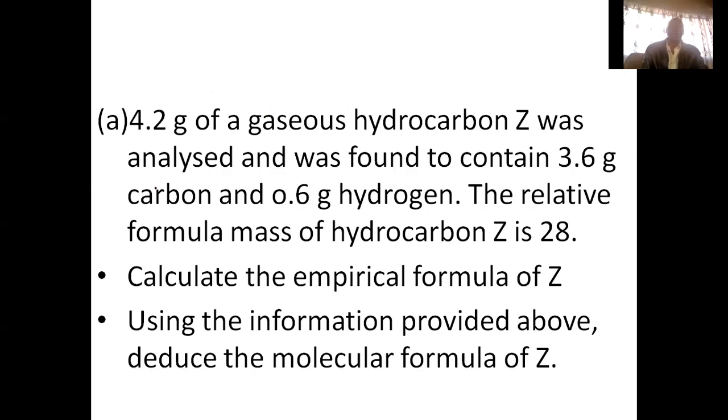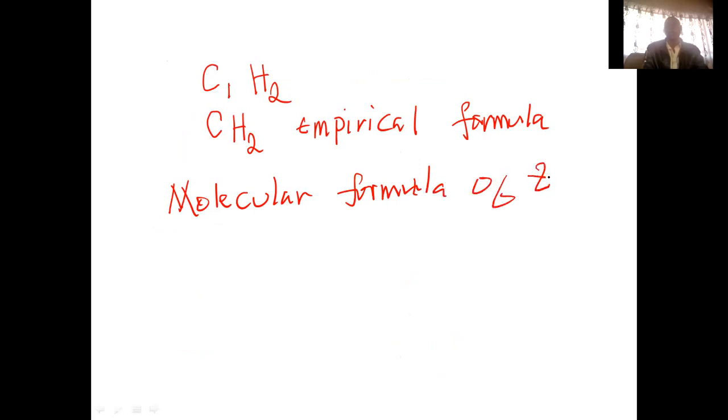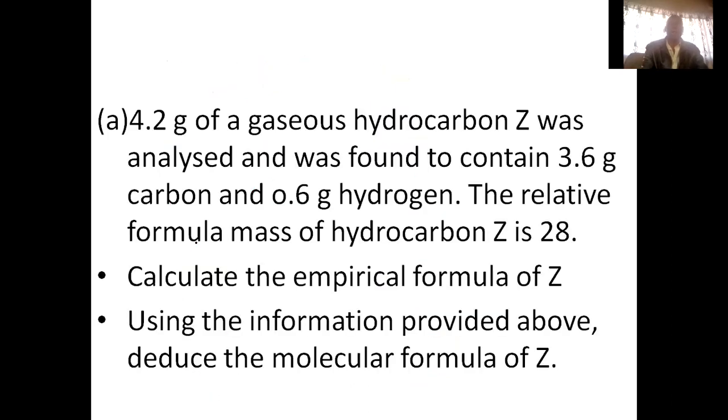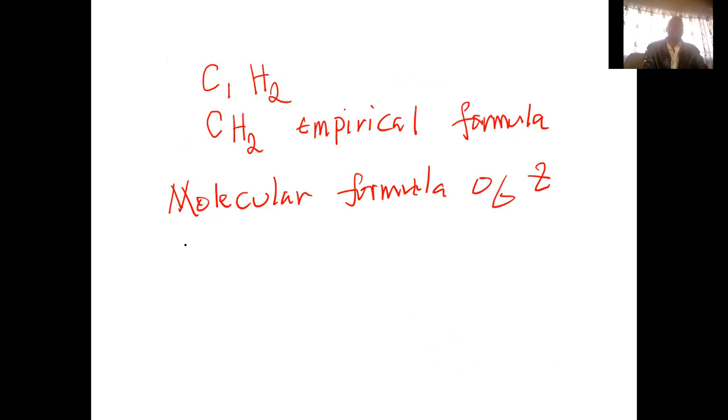Using the information provided above, deduce the molecular formula of Z. For us to calculate the molecular formula, since we've been given the relative formula mass, which is 28, we are going to say the empirical formula multiplied by a factor which we don't know, which is x, should give us 28.